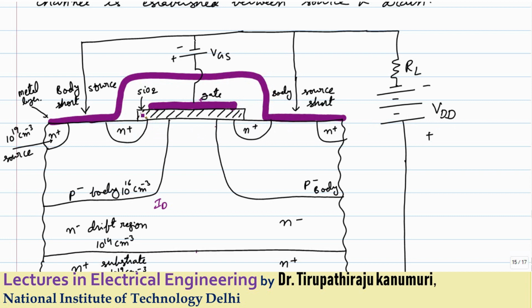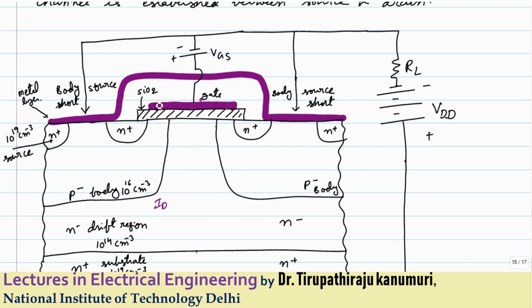In between, an SiO2 layer is formed, and above this SiO2 layer one gate terminal is formed. Actually the gate terminal should be formed at the P minus junction only, but along with that it will be extended to the N minus region also. Why it is extended, I am going to explain when discussing the working of this MOSFET.